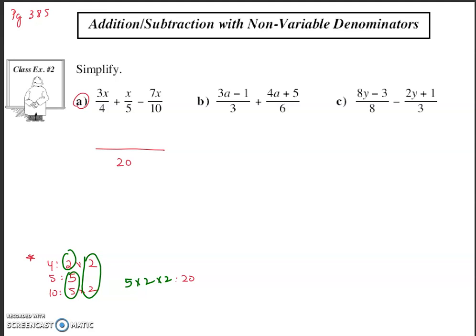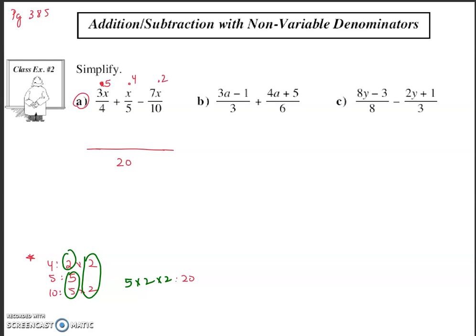So what do we need to multiply for to become 20? It would be with a 5. I'm going to start using dots so we don't get confused between our x's and variables. 5 needs to be multiplied with a 4. And then 10 needs to be multiplied by a 2.